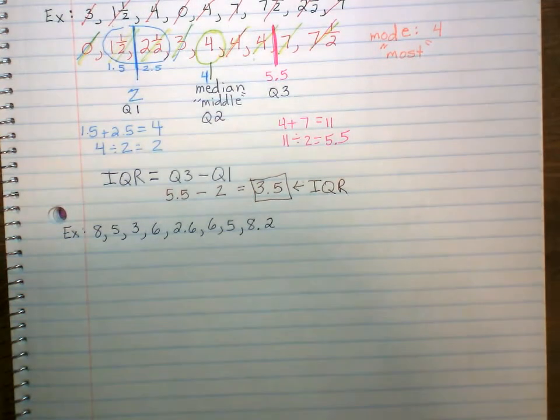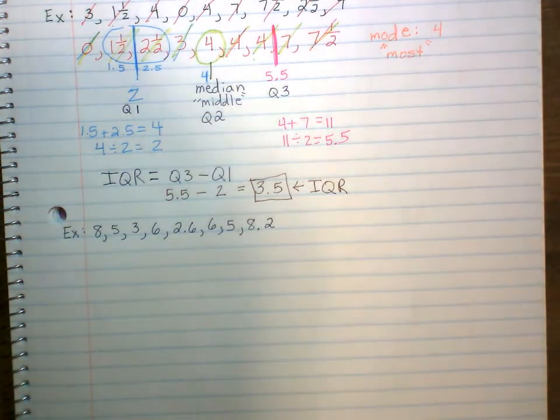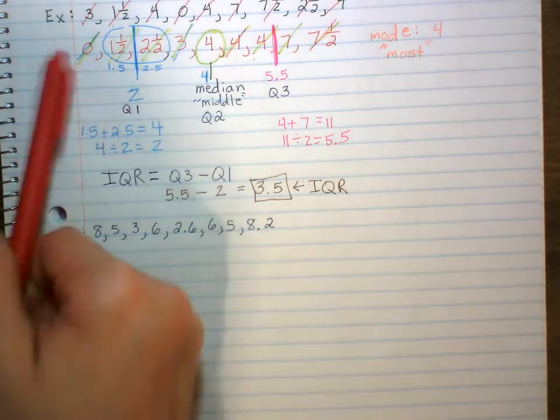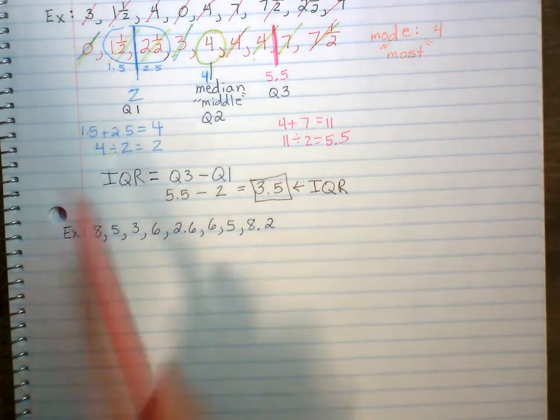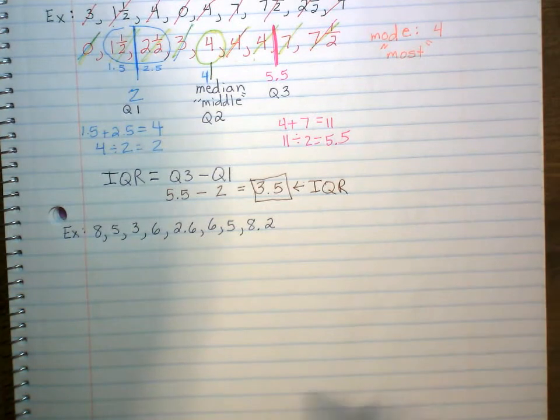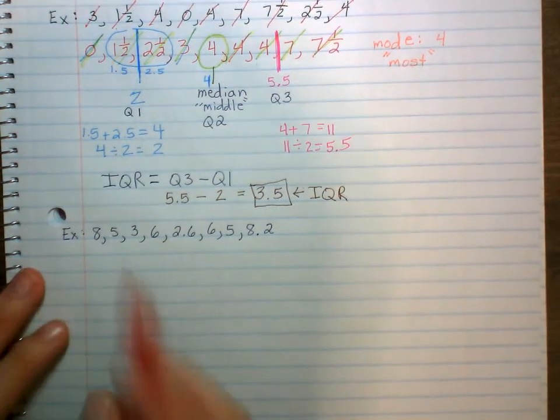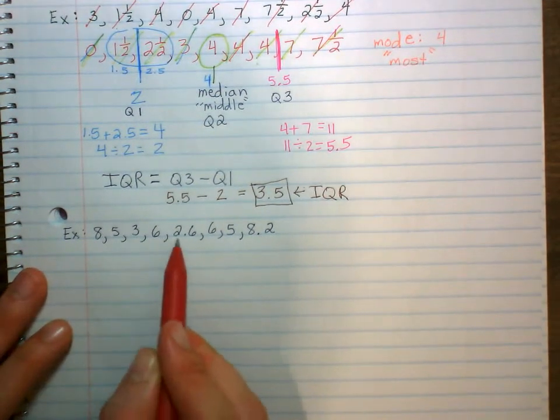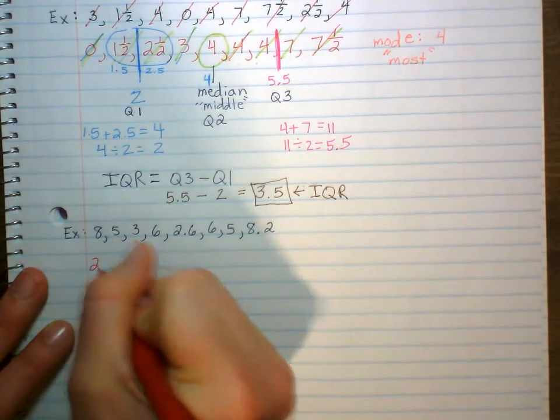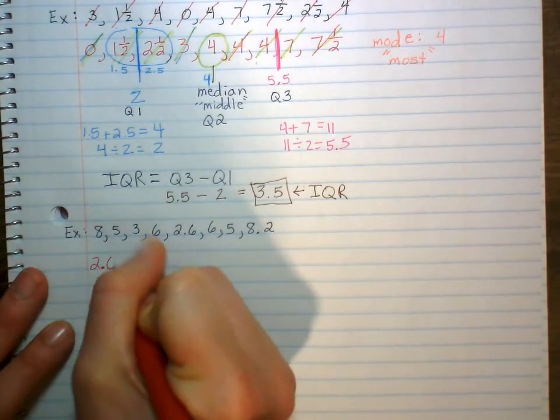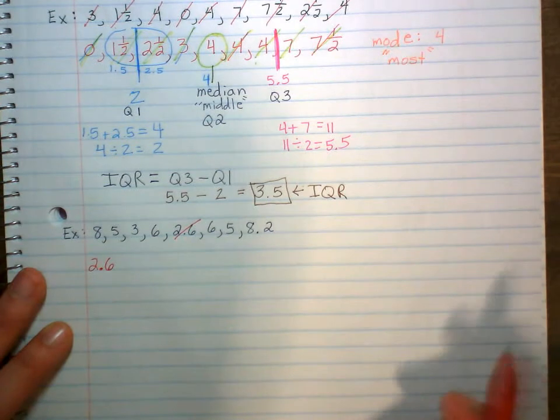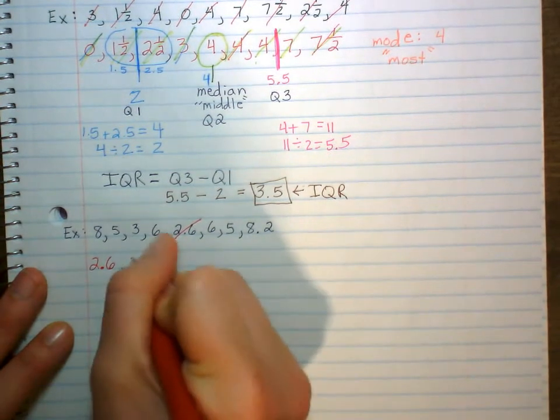All right. So, first order, what was the first thing that we did last time? First step, we put them in order from smallest to greatest. So smallest is 2.6, because that's less than 3, but more than 2. Then we have 3.